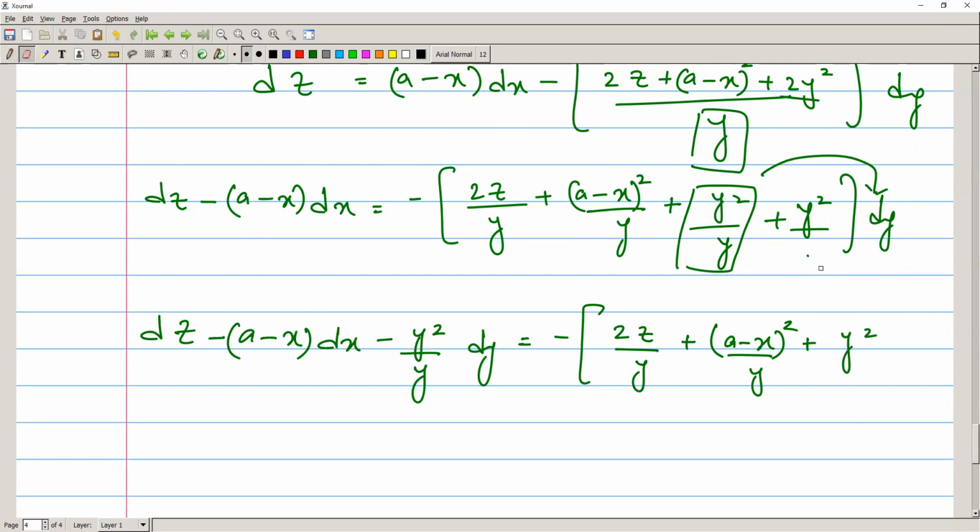It's not 2, it's y. I'm very sorry, it's messy, I know, but this question is like that. It's somehow confusing. So this y will be cancelled out with this y.